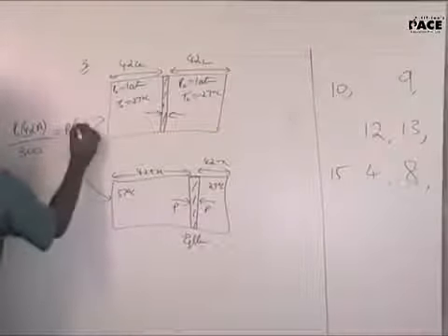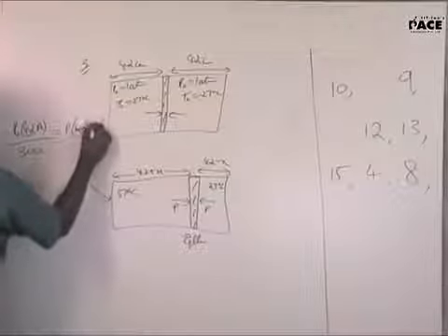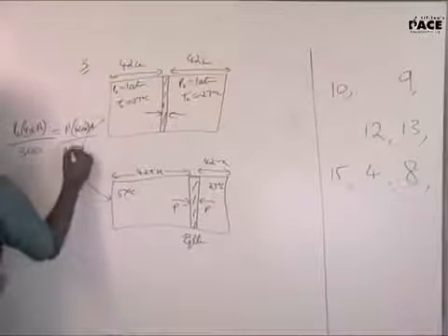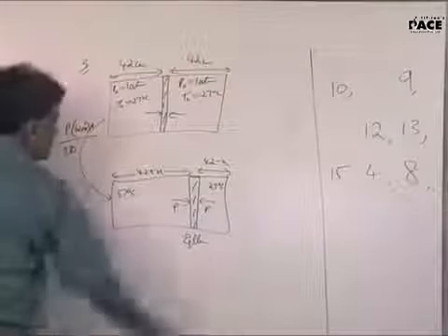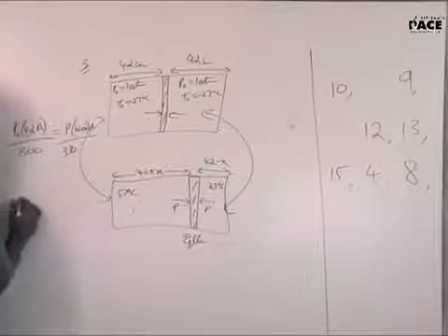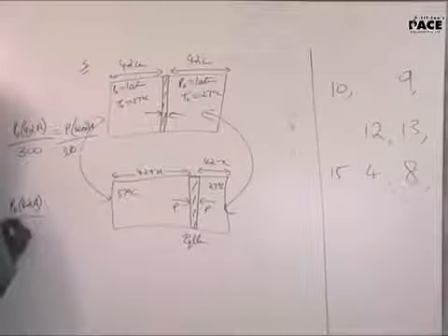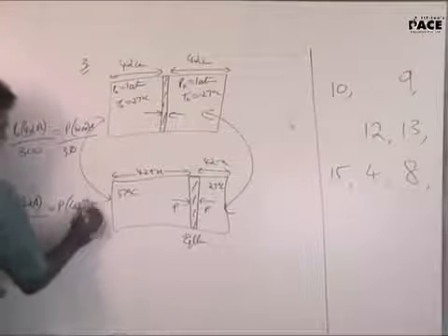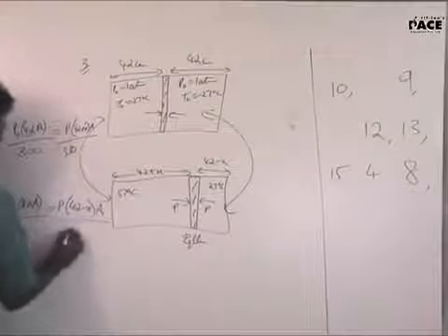P, and that will be (42 plus x) times A by 57 degrees centigrade, which is 330 Kelvin. Similarly, we can use for the other two: P naught 42A by 300 is equal to P (42 minus x) A by 300.